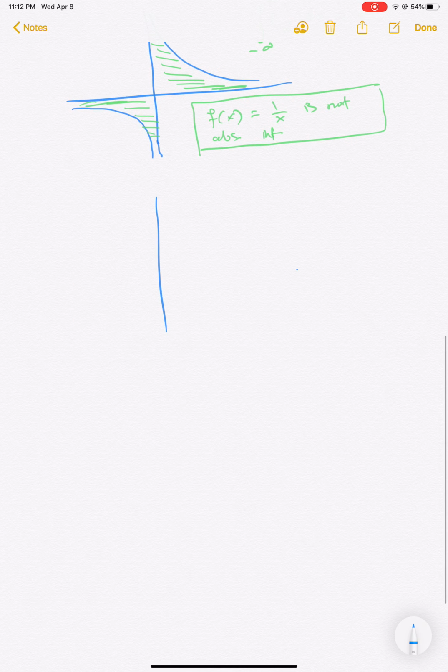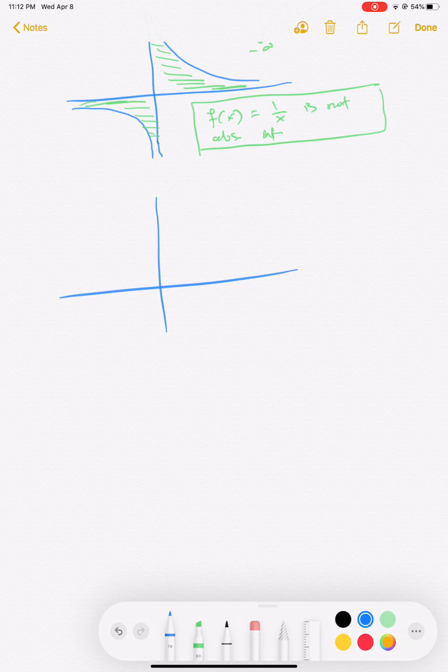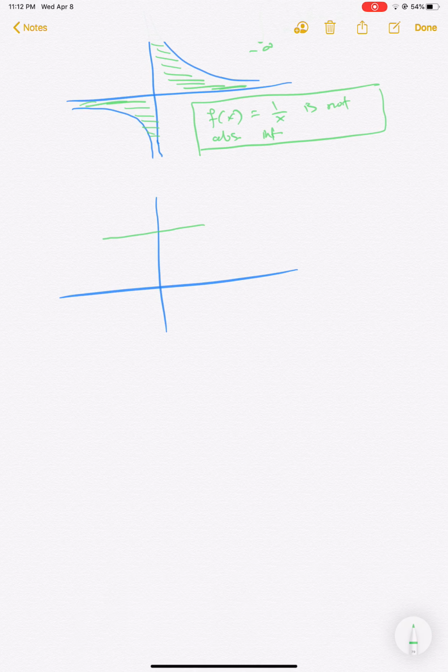Imagine we draw a function like this. I have a function that's 1, for example, between two values like negative 1 and 1, and then it is 0, like this. So this is my function. Our function in this case is 1 when x is between negative 1 and 1, and it's 0 otherwise.